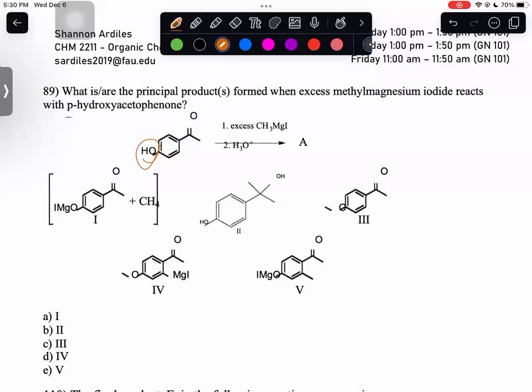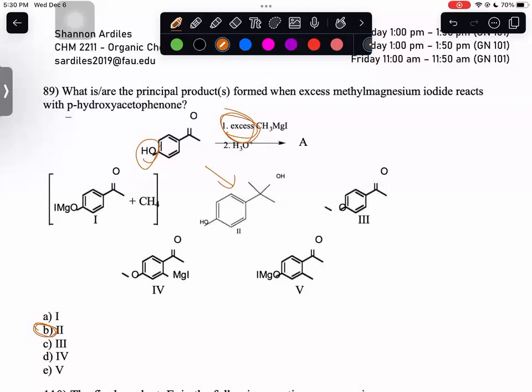It would just be an acid-base reaction. But I told you guys that there could be an exception whenever an excess of your Grignard's reagent is provided. That can override the acid-base reaction and it can form a reduction, which is molecule 2.